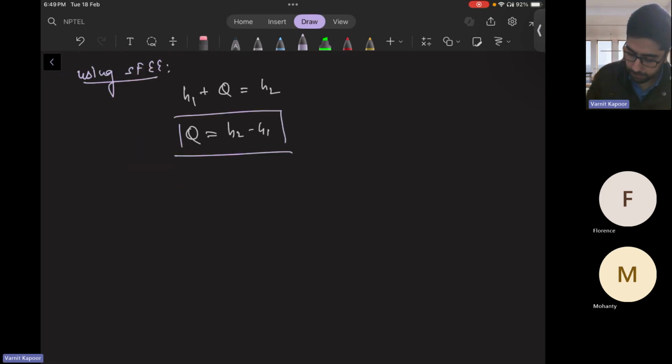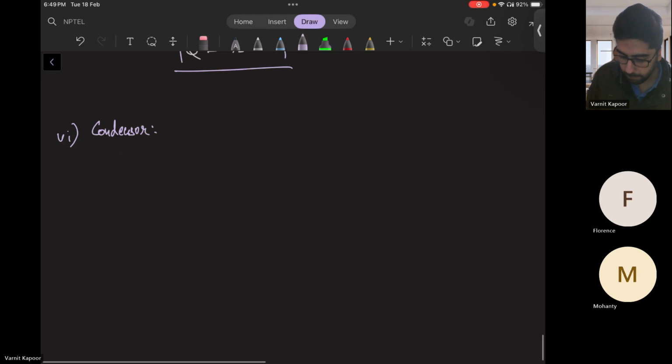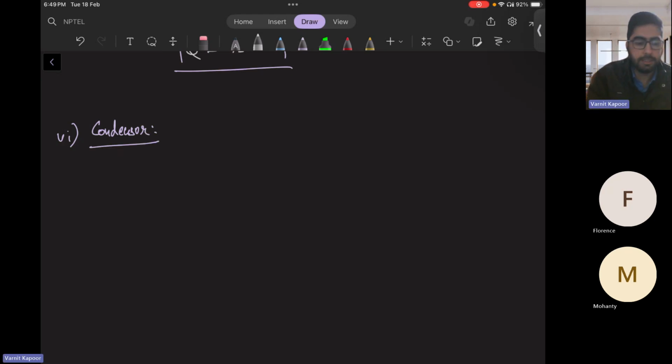Next device is the condenser. So sixth device. So what's a condenser? It's again a type of heat exchanger in which heat is rejected by the working fluid at constant pressure.